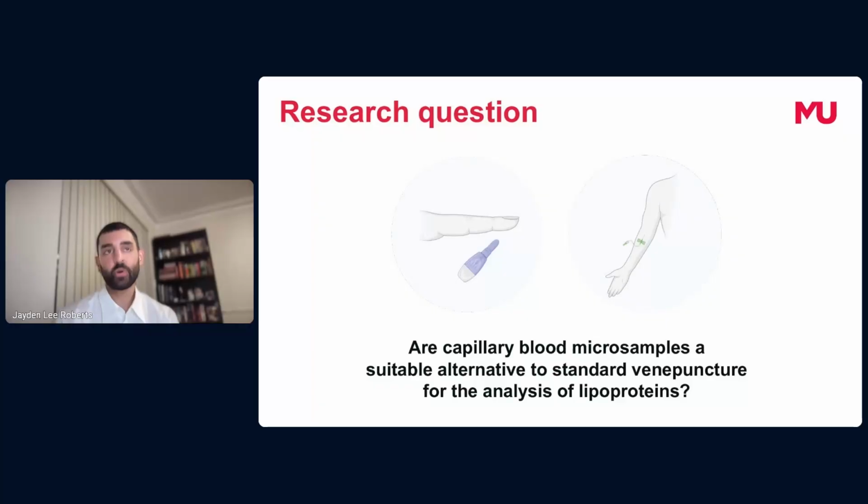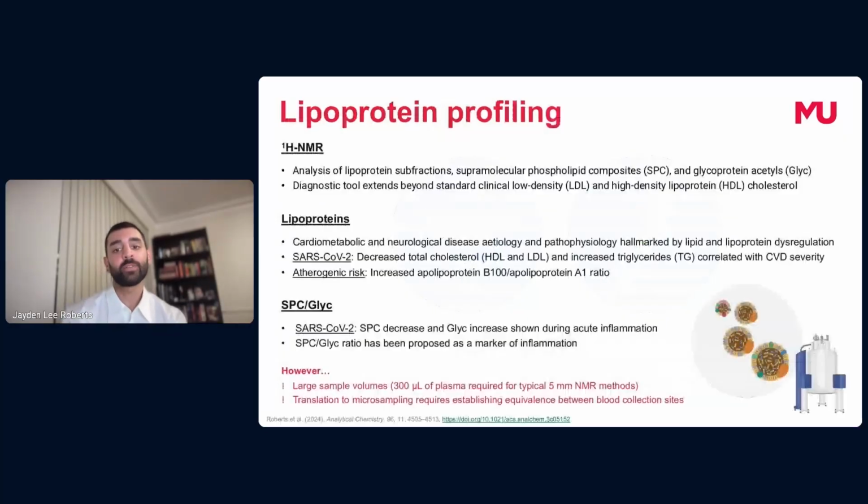So for some context, proton NMR has long been used for rapid measurement of various biochemical signatures in blood plasma and serum in order to understand health and disease states. And these include measurements of these biomolecules that I mentioned before: lipoproteins, SPC, which I'll use to mean supramolecular phospholipid composite, and GlycA, which I'll use to reference alpha-1 acid glycoproteins.